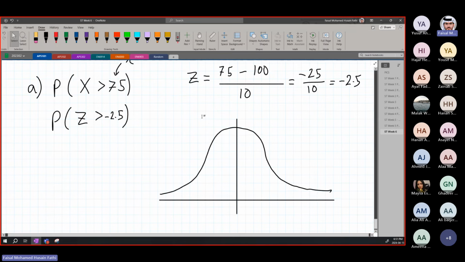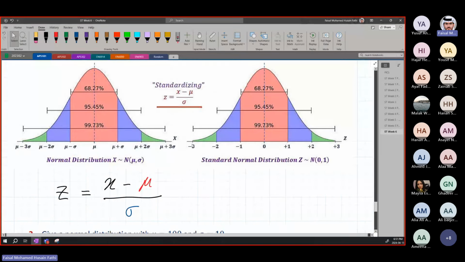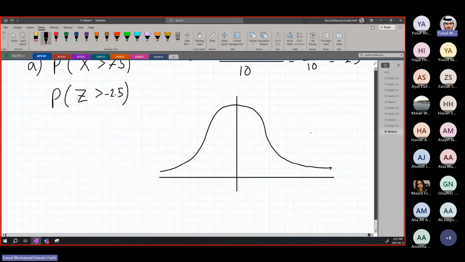It keeps on going forever, but as it approaches negative 3, the probability is so minimal that no one usually looks at those parts. So we have from negative 3 all the way to plus 3. We have something like this. This is 1, negative 1, negative 2, and then negative 3. The middle is 0.